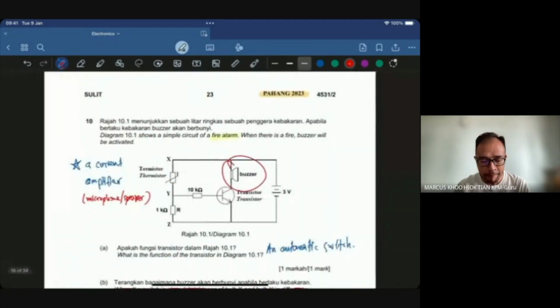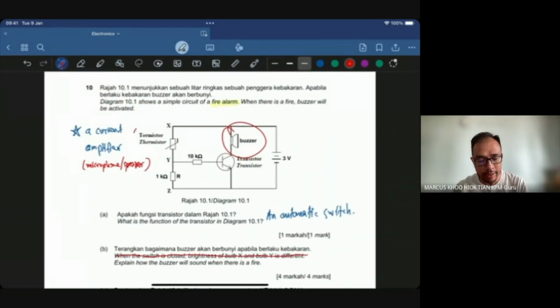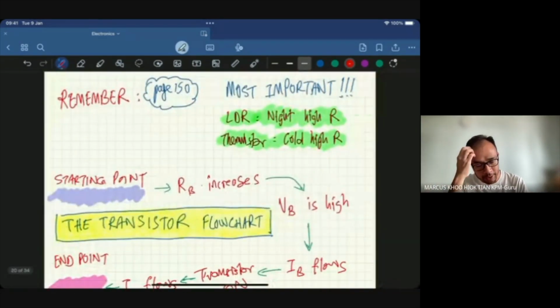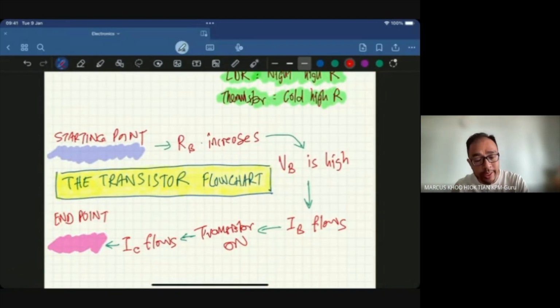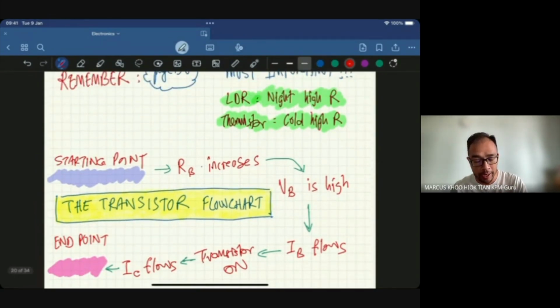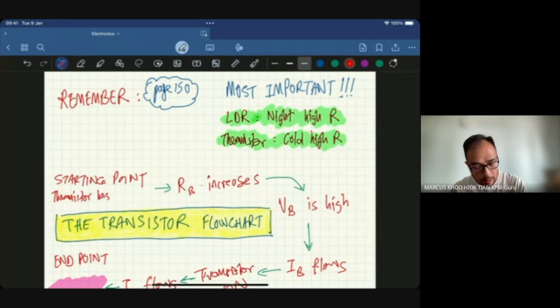In this case, the starting point is the thermistor, which means there's a fire. In a fire, the thermistor has low resistance.